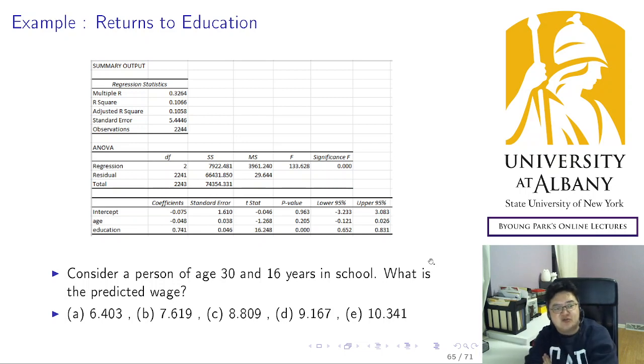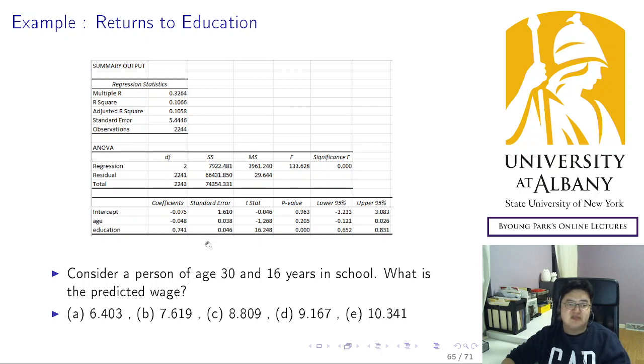And then I will ask you this question. Think about a person who is 30 years old and who finished 16 years education. What is the predicted hourly wage, hourly salary for this guy? Use the predict this person's hourly wage.